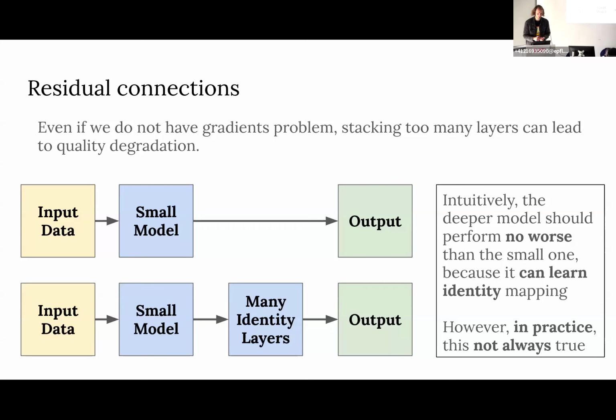Why? Because these intermediate layers that you added should at least perform as well as identity layers. Imagine your large architecture can learn any function. Then at least it should learn to become identity layers for this intermediate part.